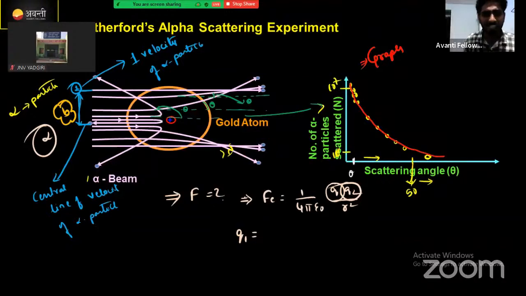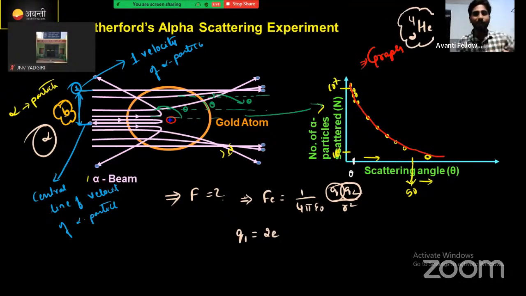Alpha particle का charge कितना होता है? 2 e. Actually alpha particle is nothing but helium, means helium-4, no? Helium-4 is the alpha particle. Correct? 2 electrons are there, 2 protons are there. That's why we are writing 2e as the charge of a helium, sorry, alpha particle. Correct now?